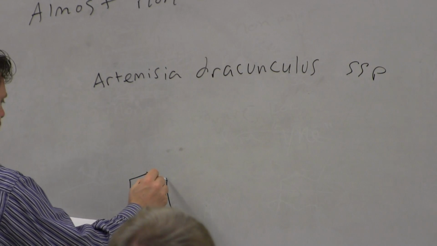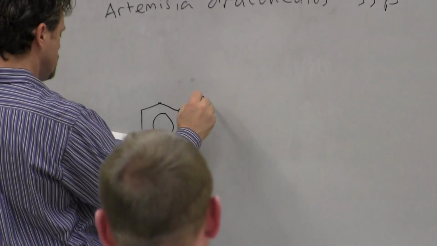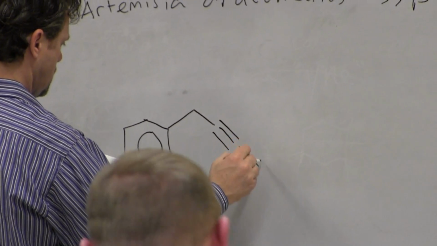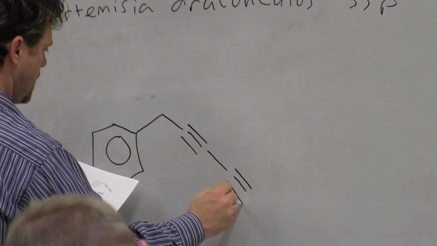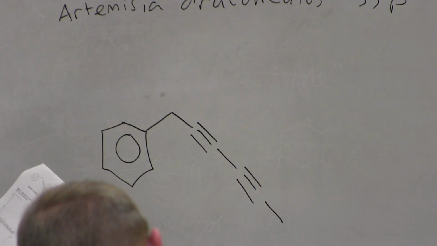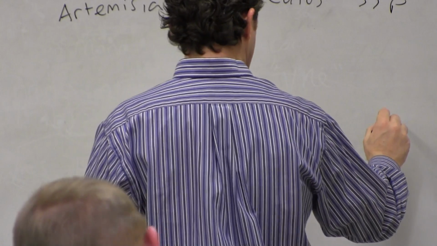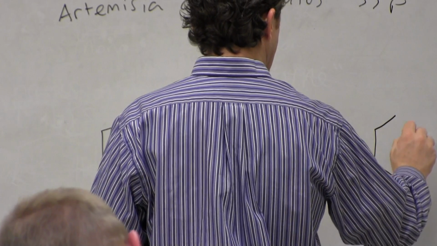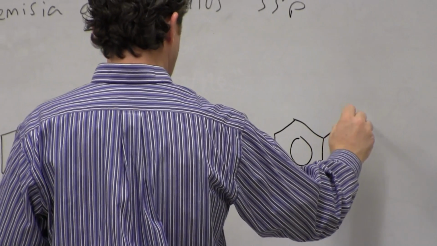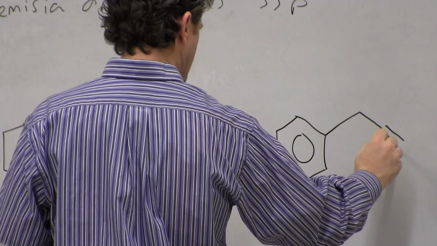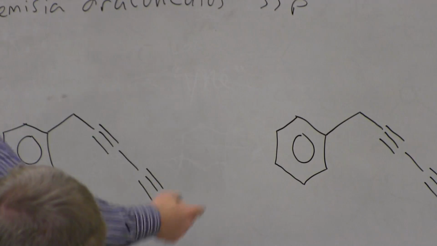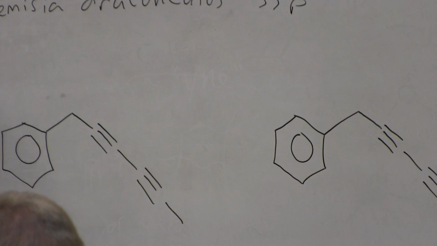It had actually two of these things. It had this one, a conjugated alkyne attached to a benzene ring, and then it had this one. They just differ by an extra methyl group on this one.